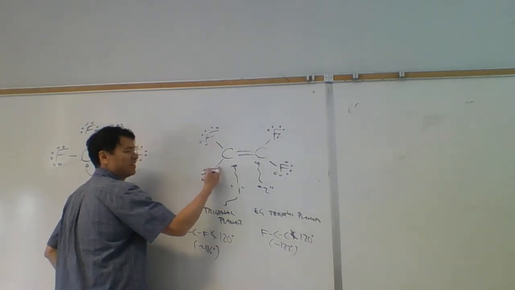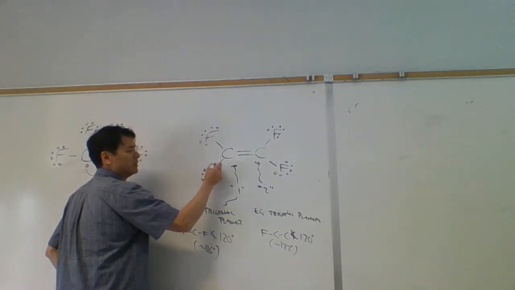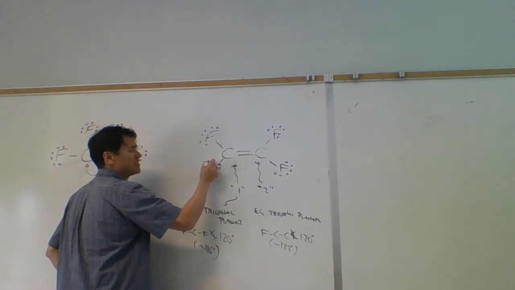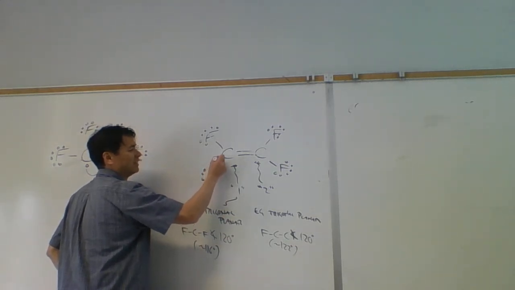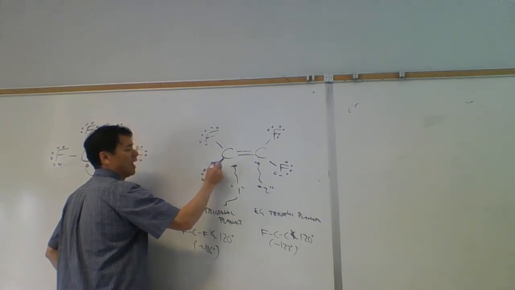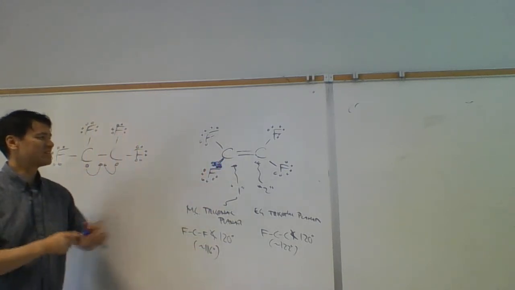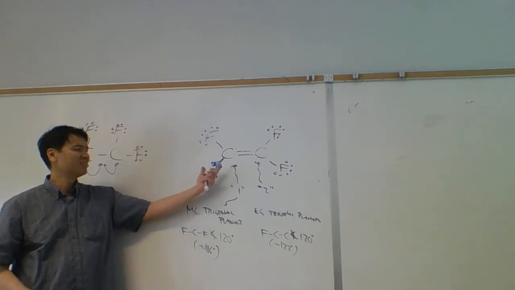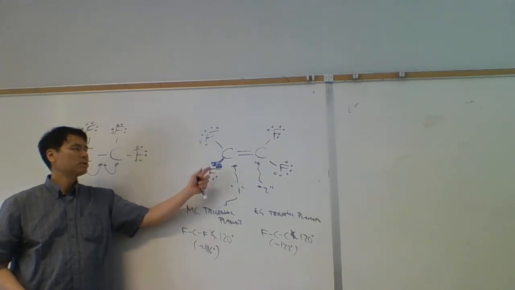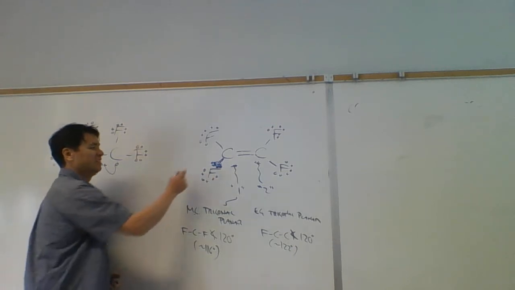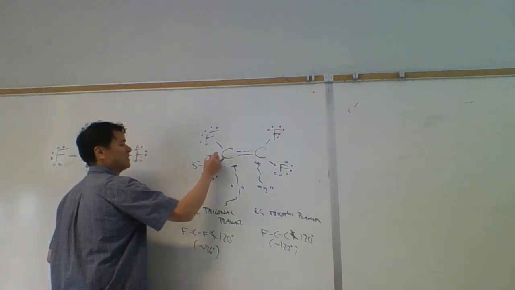So when I look at this electron cloud, this balloon is tweaked in shape. This balloon is going to be like this. Why? Because fluorine's going to be sucking all the air in the balloon towards it, right? It's stronger. And so that's going to result in a delta minus here and a delta plus here.